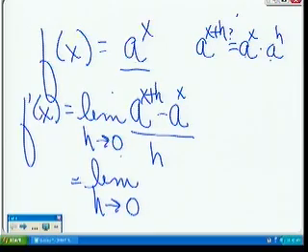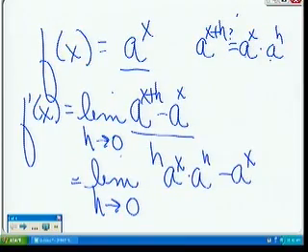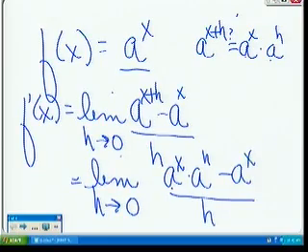So it ought to work the other direction. So I want to write this one, a to the x times a to the h. Do you see any advantage to doing that? Okay, we have an a to the x here, and we have an a to the x here, so we can factor that out in front.